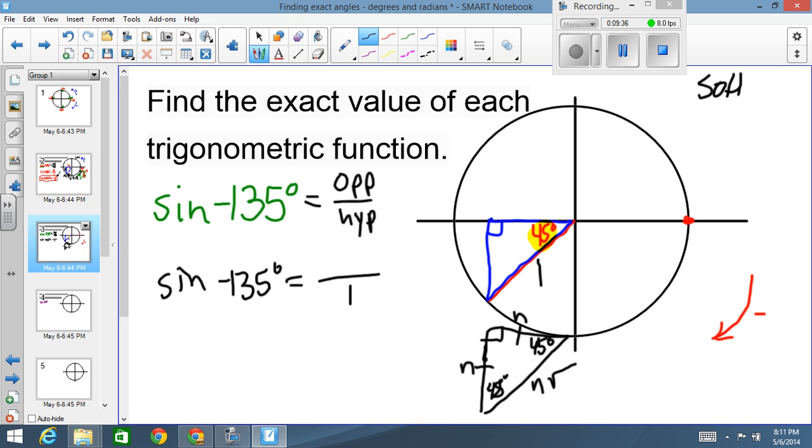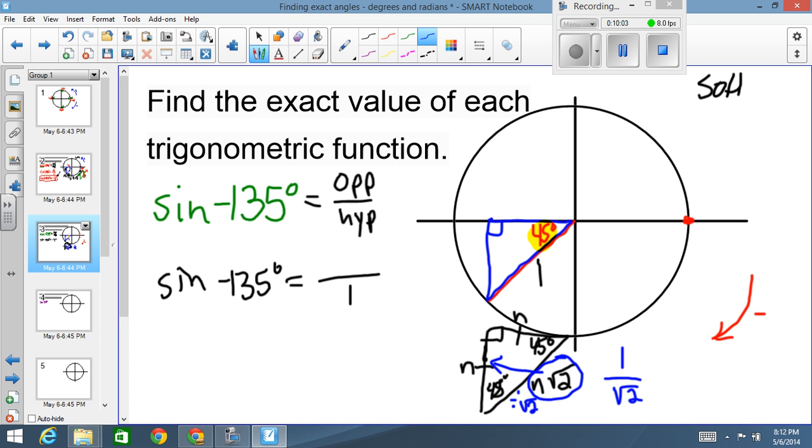And the hypotenuse is always n radical 2. So I have the hypotenuse. I want to find this side. To go from n radical 2 to just n, I need to divide by radical 2. So I'm taking a hypotenuse of 1 and dividing it by radical 2.